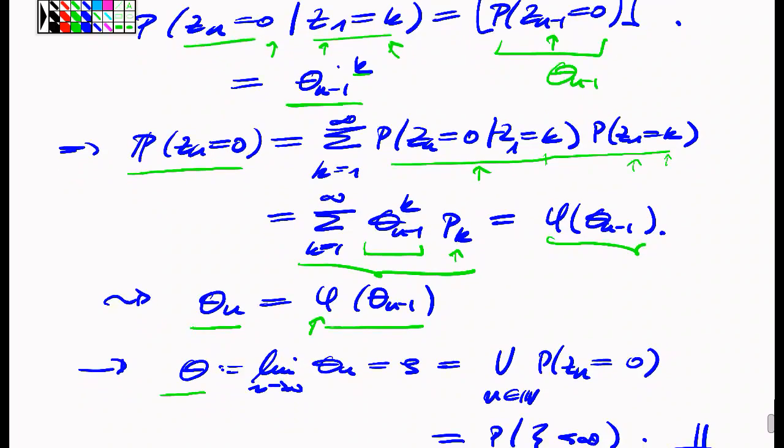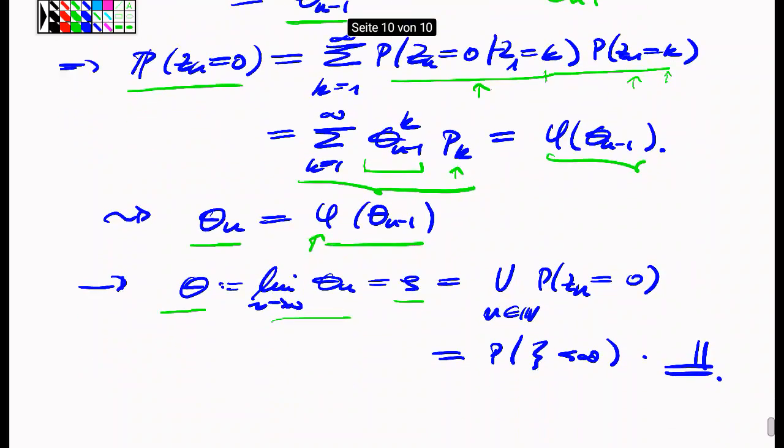Hence, if we introduce the parameter theta, which is the limit of this theta n recursion, by our one-dimensional analysis lemma, we know that this is the parameter rho. But this is, by monotonicity of events, just the probability. There is a little mistake here. Sorry, I need to correct again.